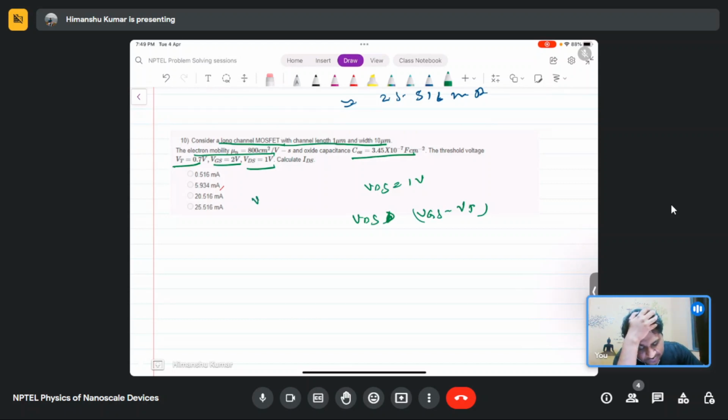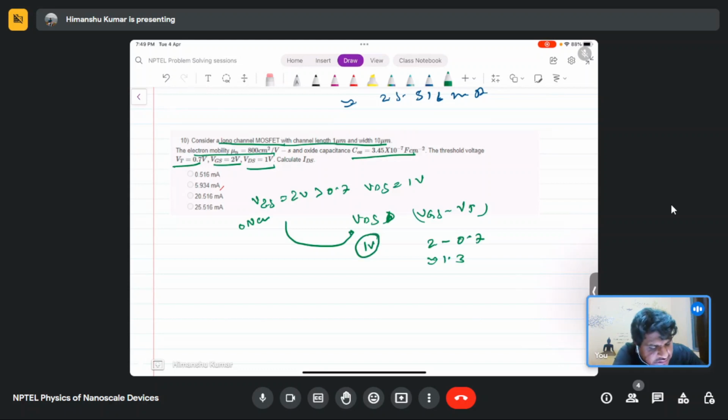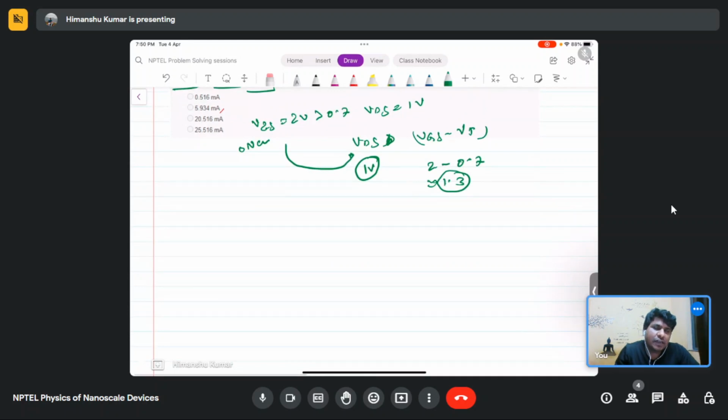Here VGS is 2 volt, which is greater than the 0.7 volt threshold voltage, so the transistor is in the on condition. Then we need to check whether VDS is greater than or less than VGS minus Vt. VDS is 1 volt and VGS minus Vt is 2 minus 0.7, which equals 1.3 volt. As we can see, VDS is less, so this will be in the linear or triode region.